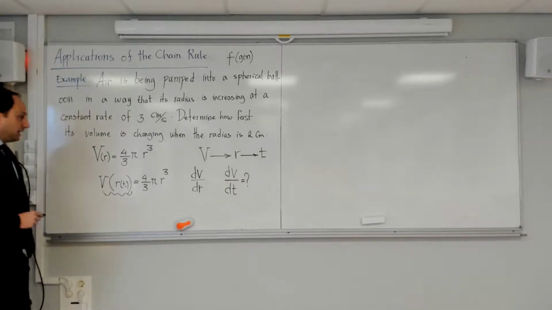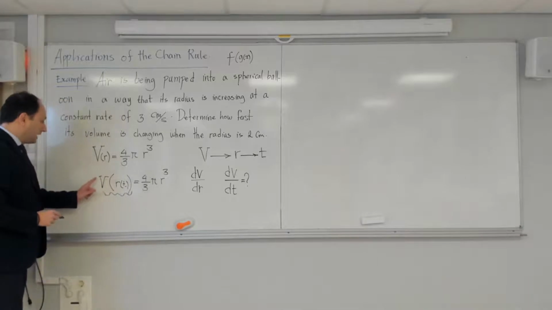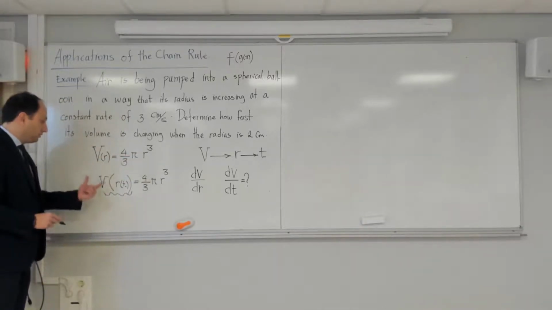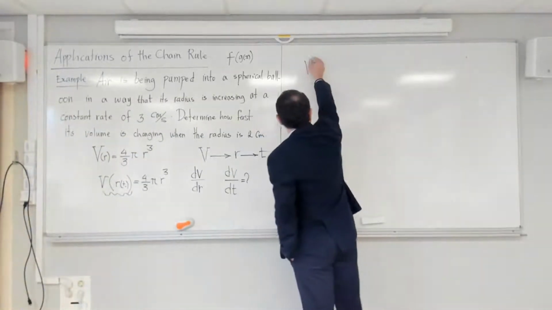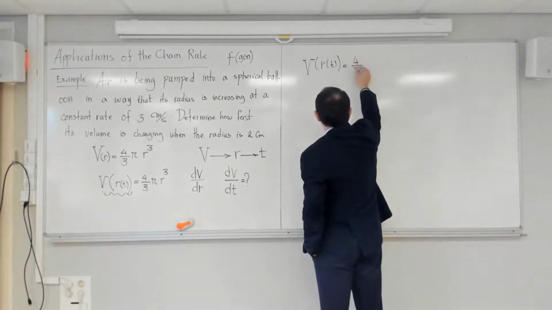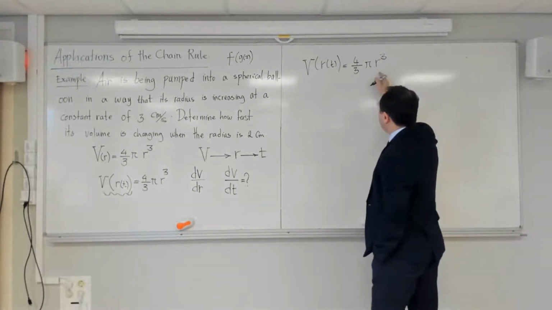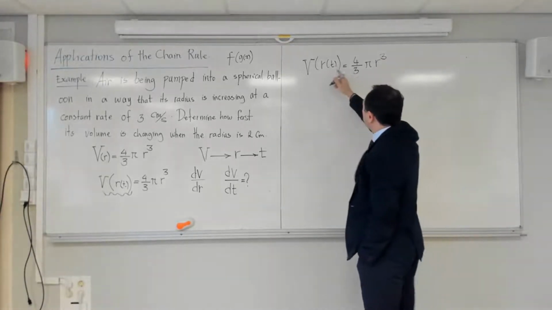Okay? So now it means that I want to calculate the derivative with respect to time. So be careful about this point. It means that I start from here: V of r of t is equal to 4/3 pi r cubed. But I take the derivative of both sides with respect to time.